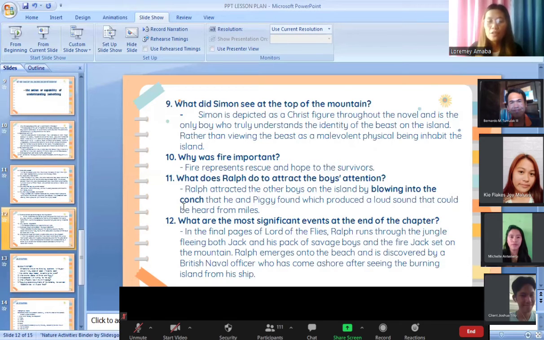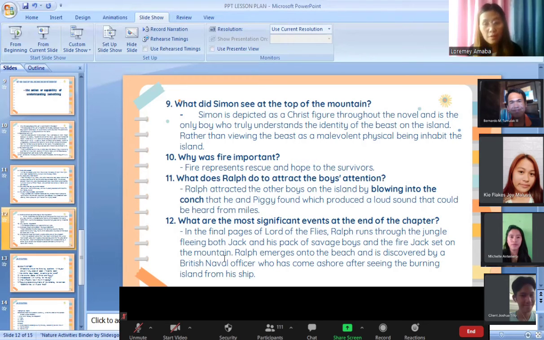Number eleven question, what does Ralph do to attract the boys' attention? Yeah, Ralph attracted the other boys on the island by blowing into the conch that he and Piggy found, which produced a loud sound that could be heard from miles away. Okay, last question, class. What are the most significant events at the end of the chapter?